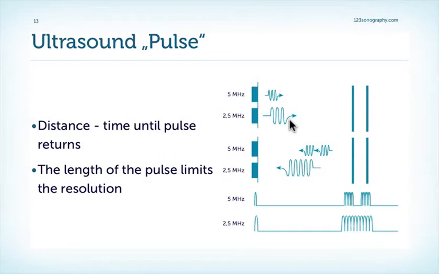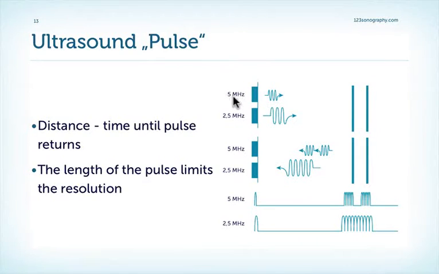But what influences now the intervals between the pulses? First of all, how far is the structure away from the transducer from which it is reflected? And then second, how high is the frequency we're using? Because if we use high frequencies, we have shorter wavelengths, and thereby we can make shorter pulses. So that also affects basically the intervals.